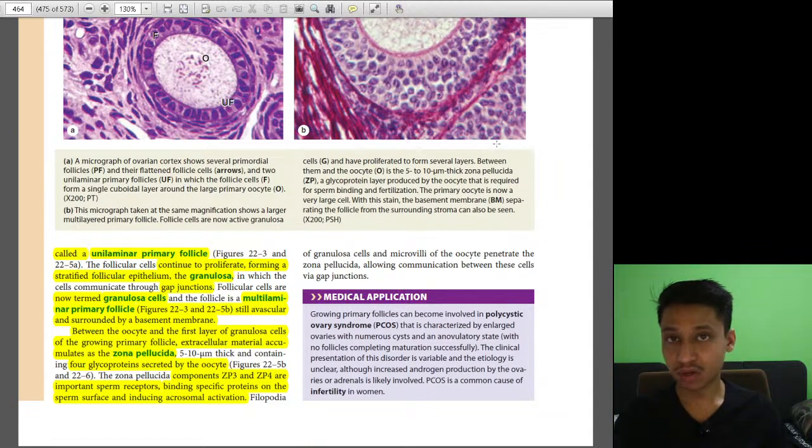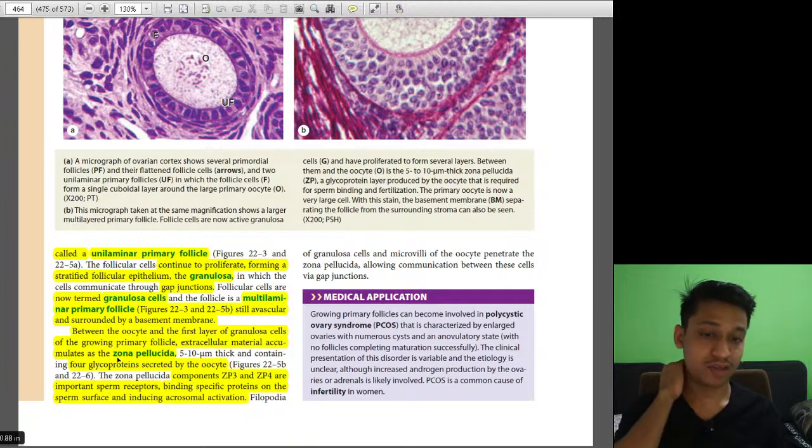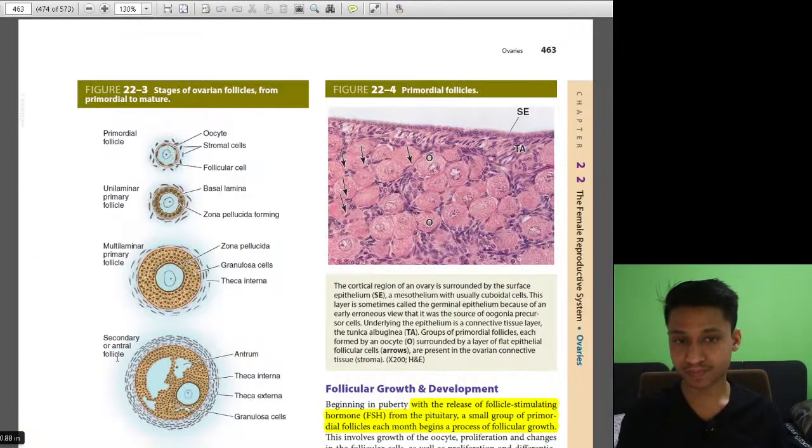Still avascular, we have not given any vasculature yet, and surrounded by a basement membrane. Between the oocyte and the first layer of granulosa cells of the growing primary follicle, extracellular material accumulates as the zona pellucida. First time here we have formation of zona pellucida.